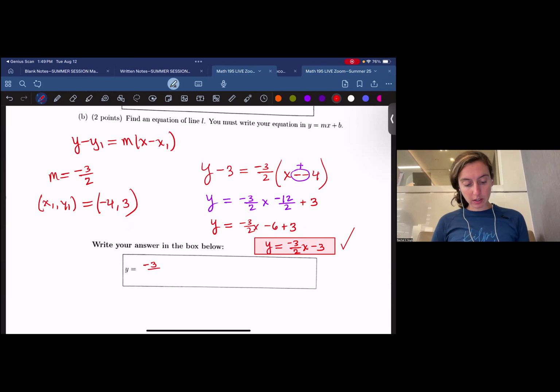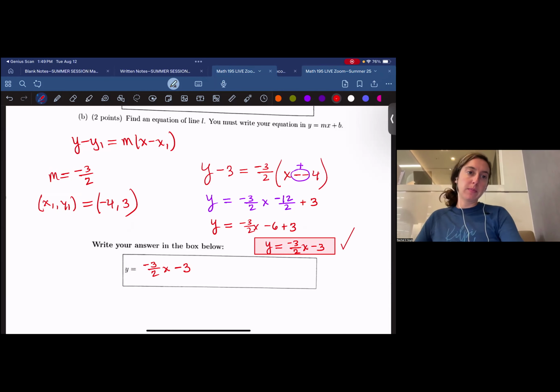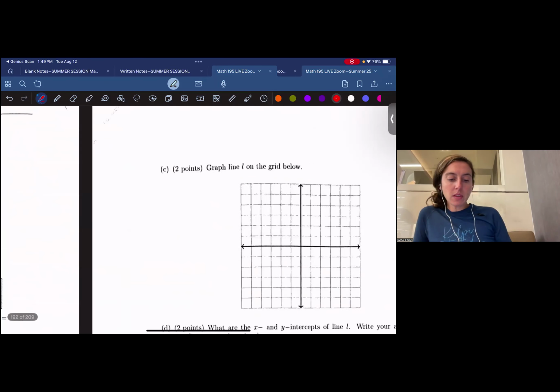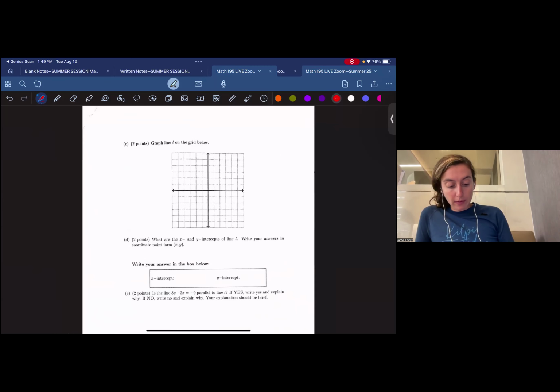All of you should be crushing this section of the midterm exam dealing with our linear functions. Part C just asks to graph this function.